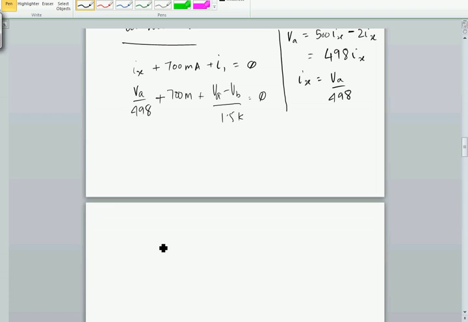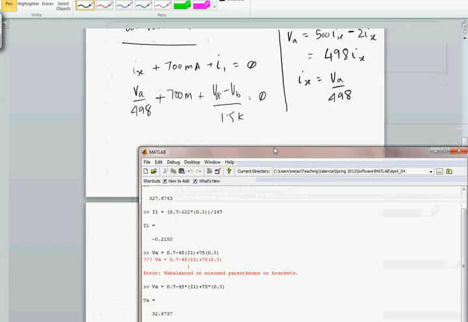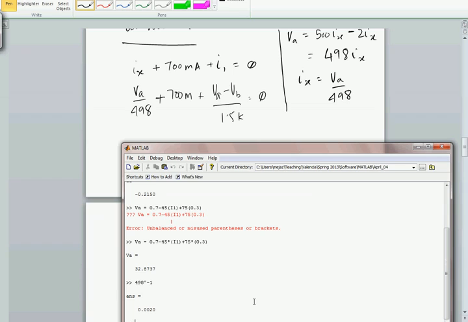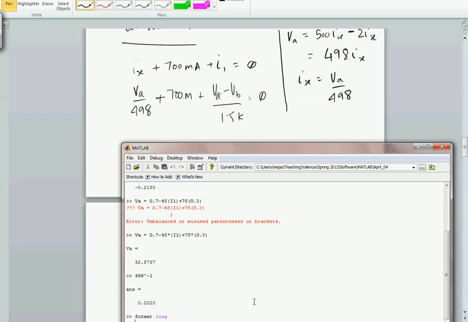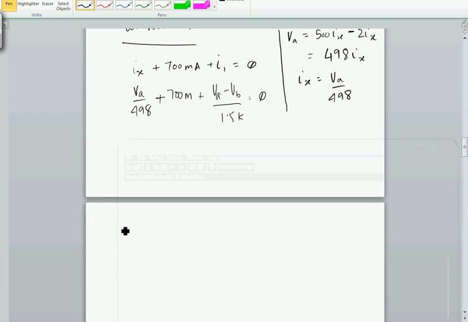Let's solve it. Let's take the inverse of that. 498 inverse is 0.002, that's 2 milliamp. And 1.5K inverse is 0.667 milli, not milliamp, sorry.